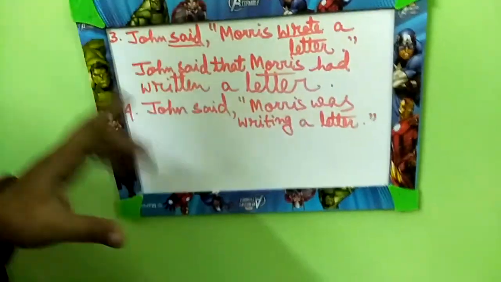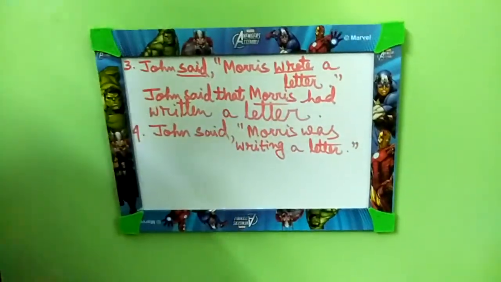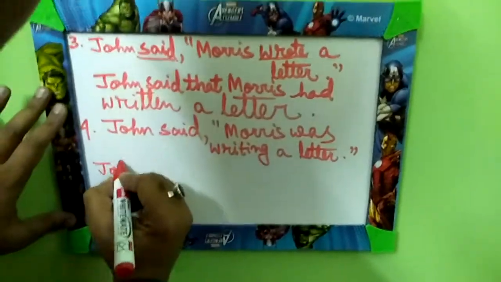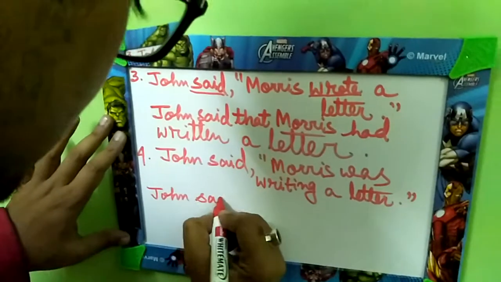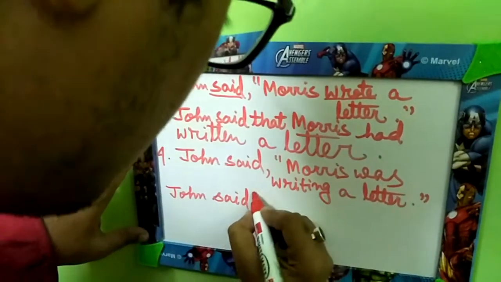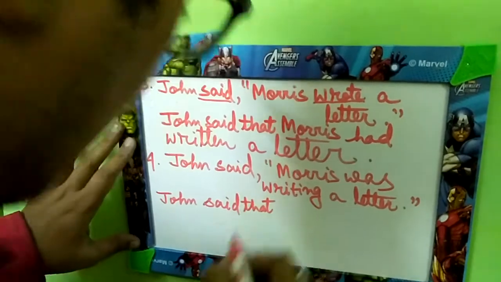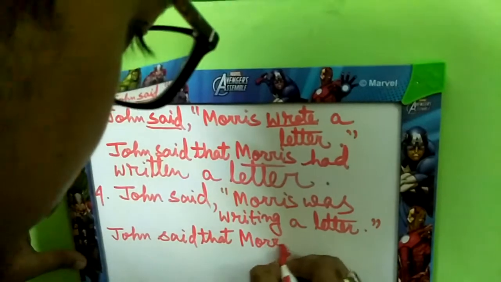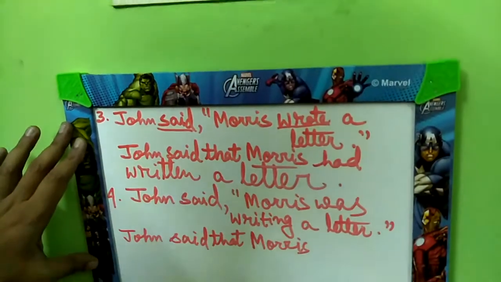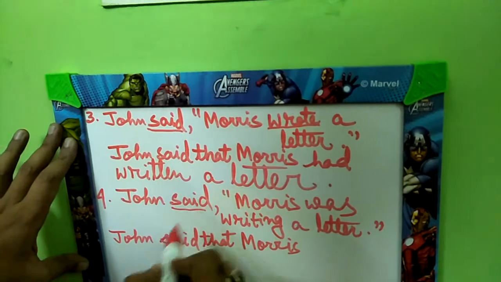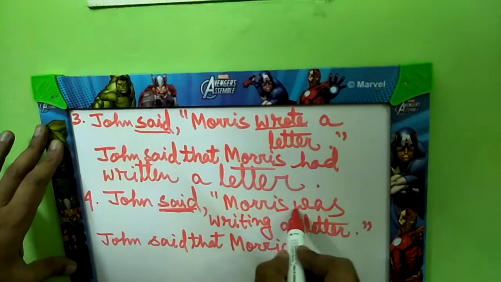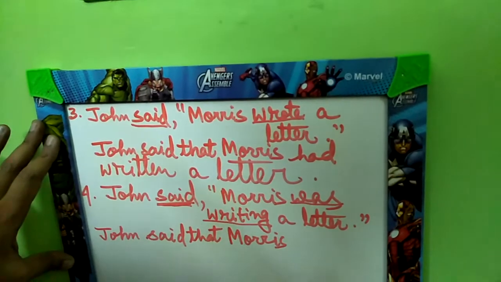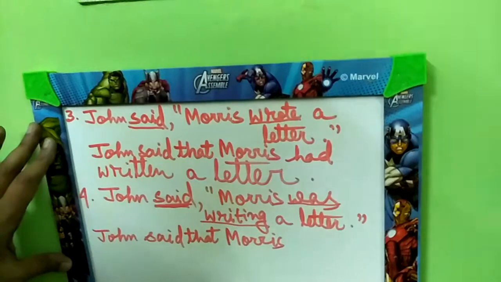Next sentence, John said, "Morris was writing a letter." See, we begin the answer. John said, there is no change. Remove the inverted comma. The moment we remove the inverted comma, we need to put that. John said that. Then Morris is third person, no change. Then was writing. Outside verb is said, which is a past tense. Inside verb is was writing, which is a past continuous tense. So I hope you have your formulas with you.